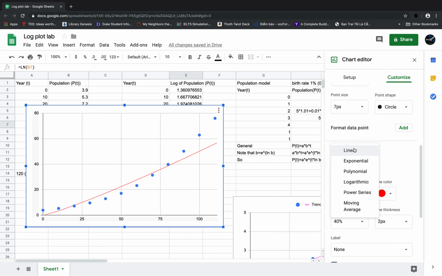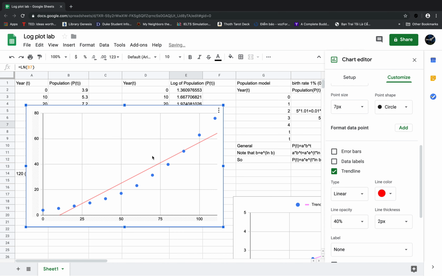Google Sheet offers 6 kinds of trend lines. So linear means we're trying to fit a linear function in the set of data. So we try that first. Of course, it doesn't work because it's not a line.